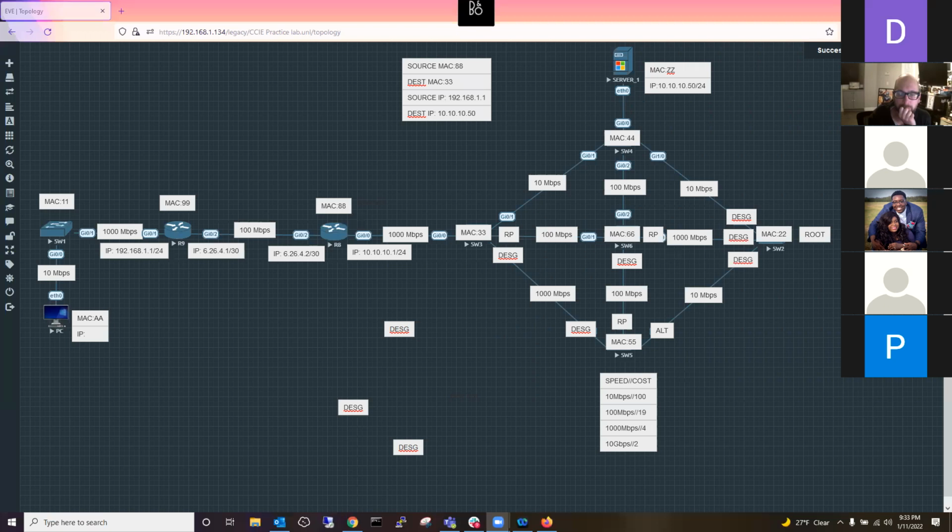I may not be the root bridge, but I can forward on all of my interfaces based on the communication I've done with the different switches. So a switch that's not the root doesn't necessarily have to be put in blocking. It all depends on that triangle, to keep it simple. Make sense? Makes sense.